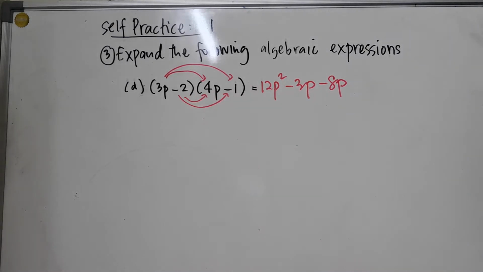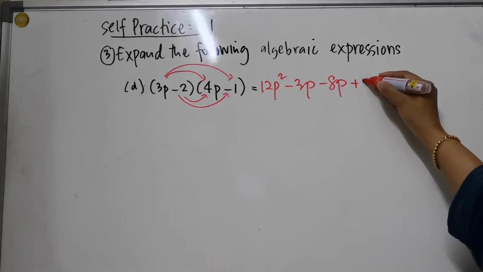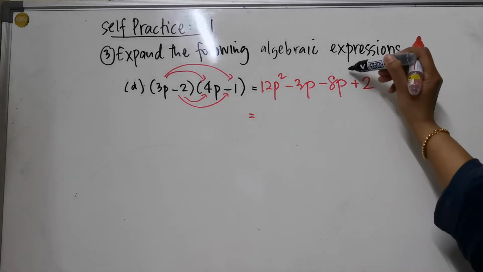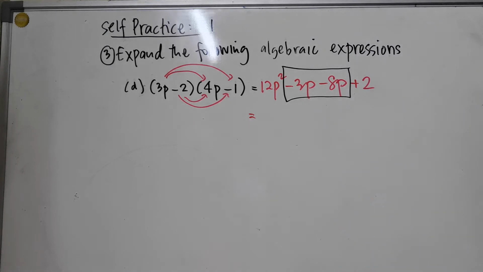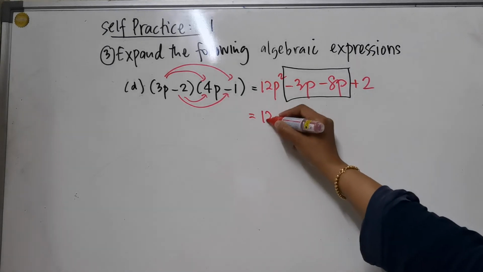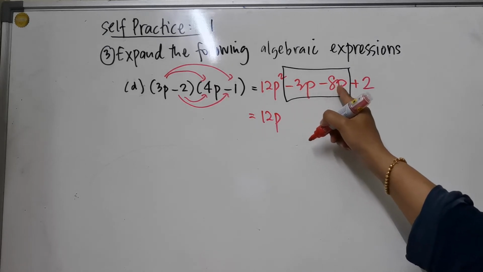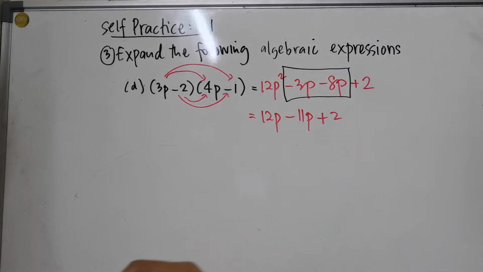Negative 2 times negative 1, negative times negative, positive. 2 times 1, 2. Those that have the same term, this is the p and the p. So you're going to solve the p term. Negative 3 minus 8 is negative 11p plus 2.